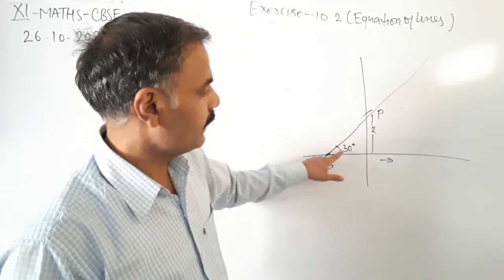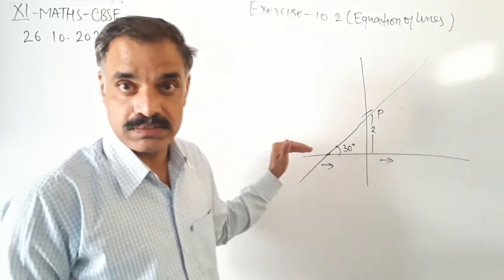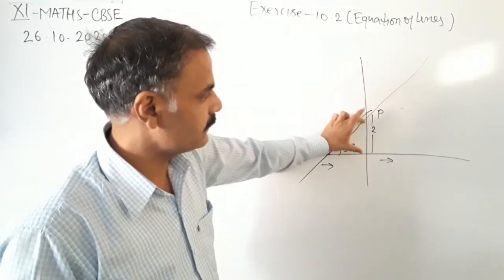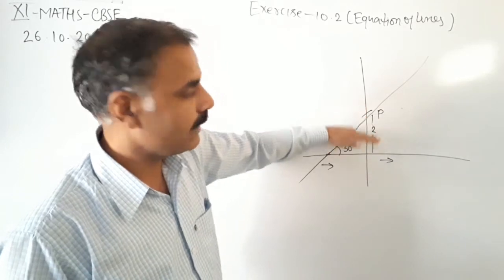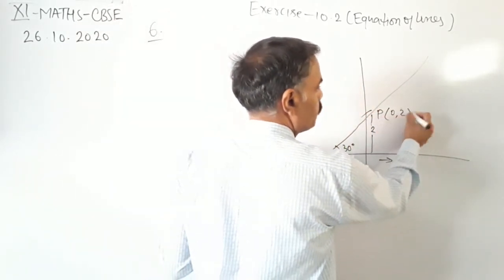Line is making an angle of 30 degree with the positive direction of x-axis, and intersecting the y-axis at a distance of 2 units above the origin. So this point P is 0, 2.